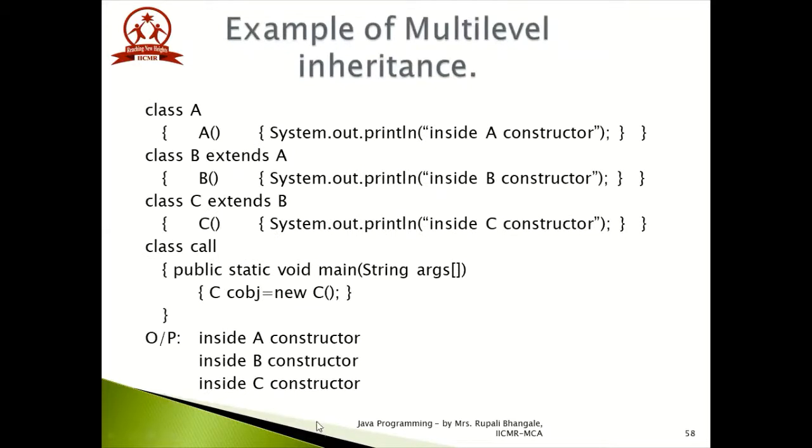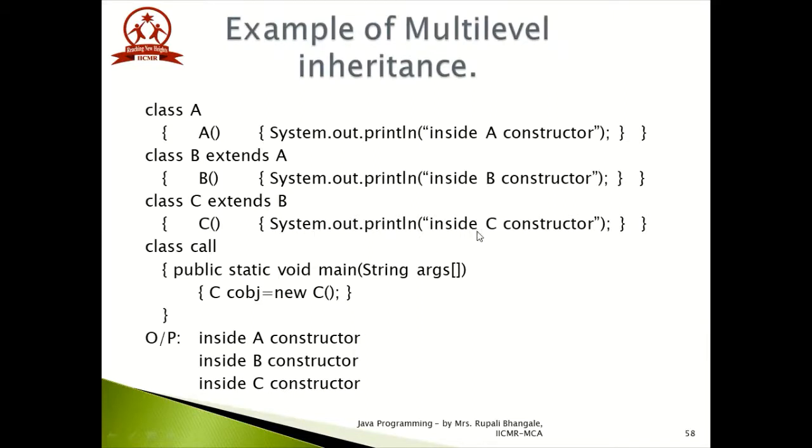Similarly, can you see the example where we have class A, B is extending A, and C is extending B? Can we say this is nothing but multilevel inheritance? A is extended by B, B is extended by C, and now we have a fourth class where we create the object of C. Whenever you create the object of C, C's constructor is invoked.